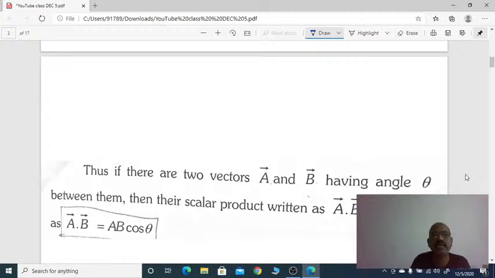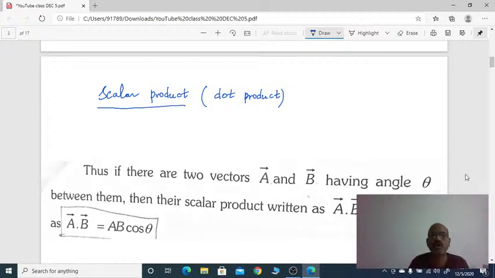First, let us see the scalar product of vectors. Scalar product, or another name, dot product. The two vectors having magnitude and direction, right?